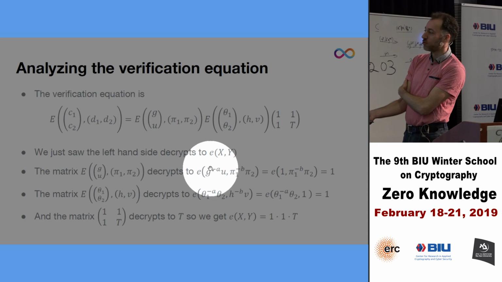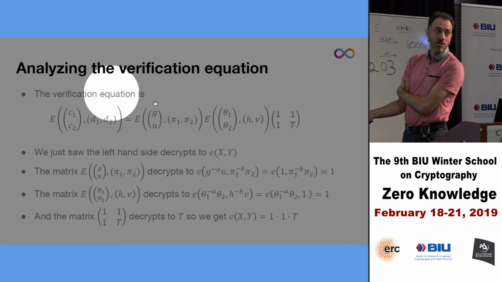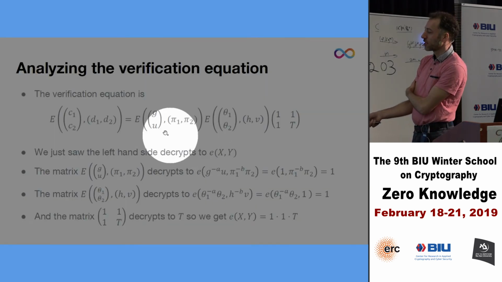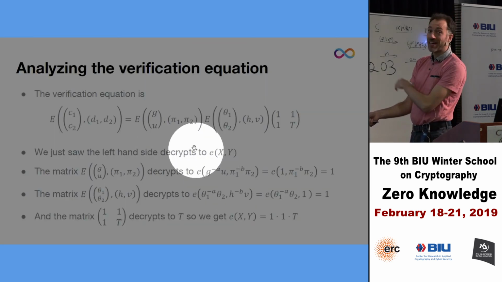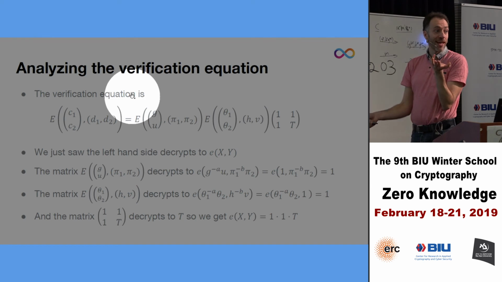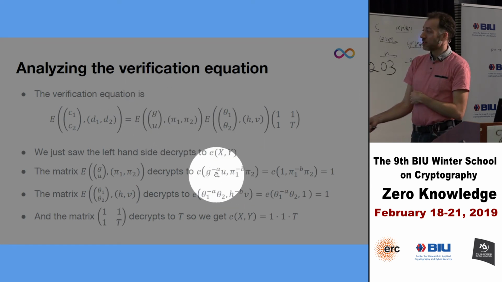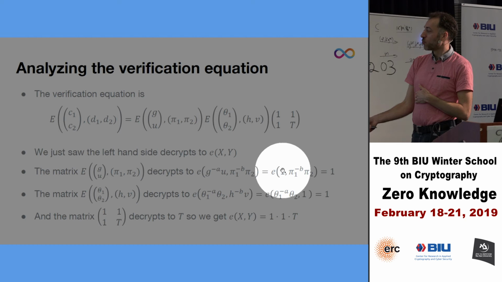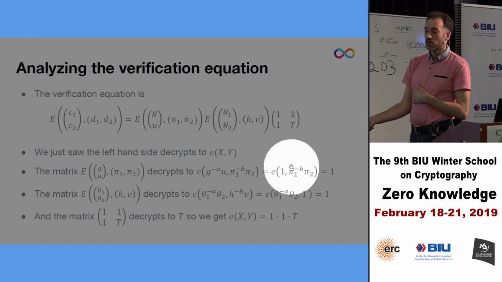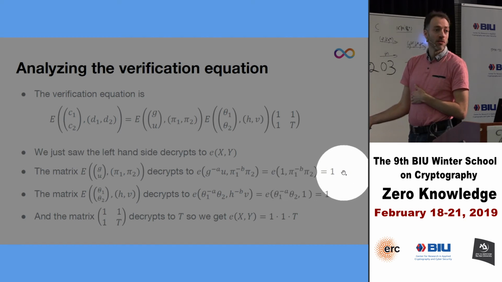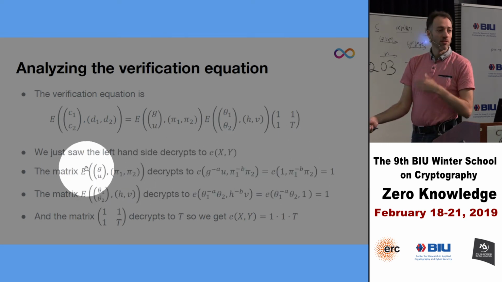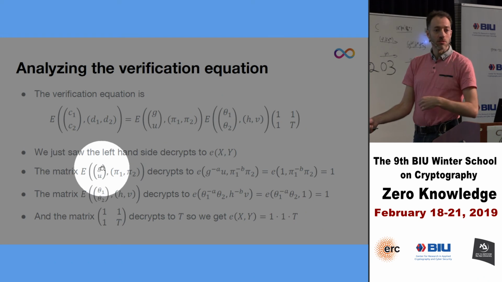So that's what it's going to decrypt to, with exactly the same computation as on the previous slide. But remember, by definition, U is G to the A, so this thing here just gives you 1. Now we have a pairing of 1 with something, and that's just going to give you 1. So this thing cancels out under this decryption along the columns.